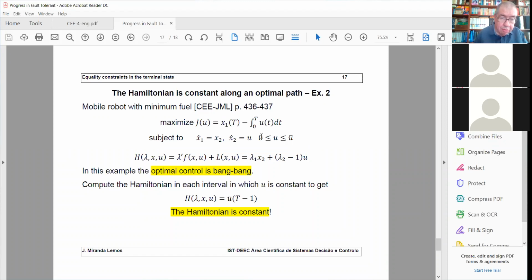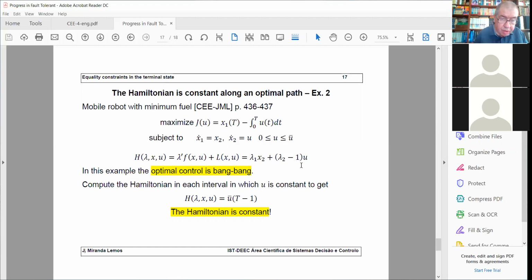So this is the total fuel consumption. And now my Hamiltonian is a linear function of u. So remember that in this case, for the problem to be well behaved, I must impose bounds on the possible values for u. So I'm assuming that u is between 0 and some u bar. So u bar is the maximum value that you can take.